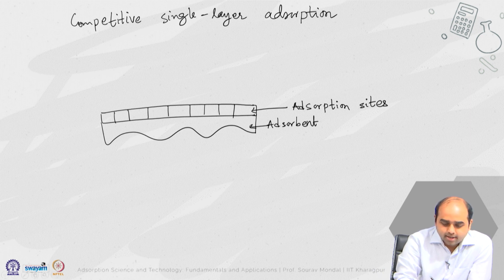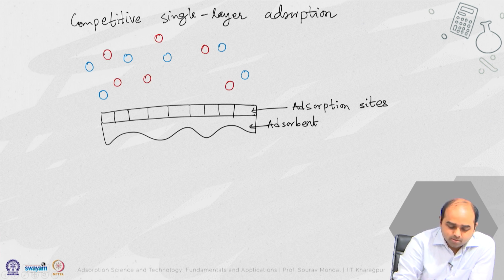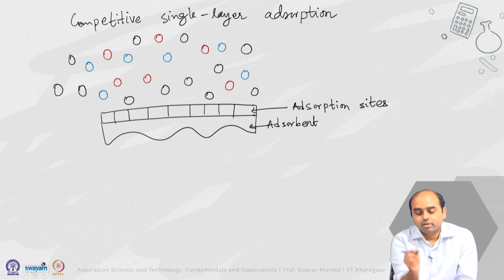And let us say we have different types of species molecules present, so it is like a mixture. All of them have equal probability of getting adsorbed.